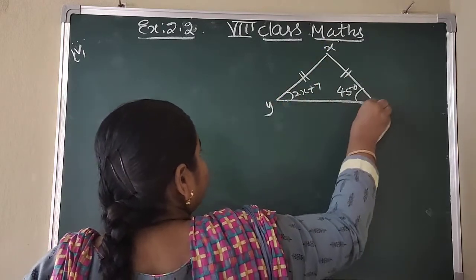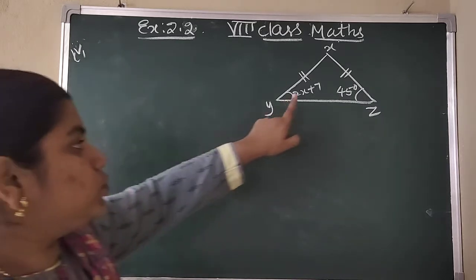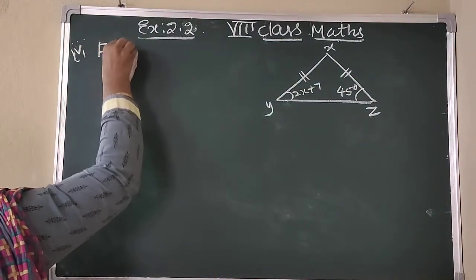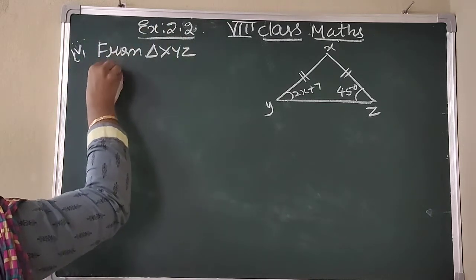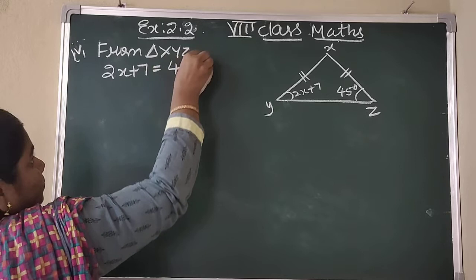Which type of triangle is this? This is an isosceles triangle because two sides are equal and one side is different. So these two angles will be equal. So from triangle XYZ, we can write 2x plus 7 is equal to 45.